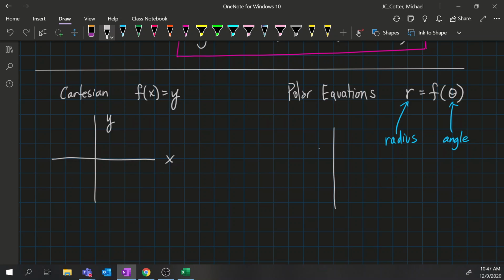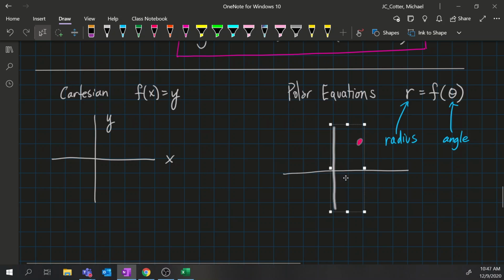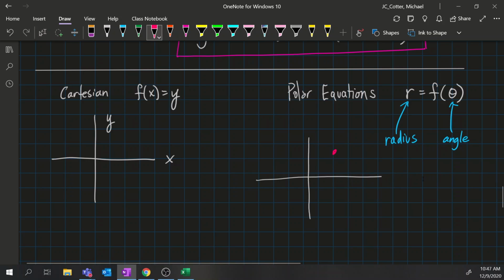And so in terms of how those are defined, let's say we have a single point here. We're not going to get into this in a whole ton of detail. I just want to make some room for this. Okay, so in terms of how this point is defined, in Cartesian coordinates, we would give that point a coordinate based on its x value, and we would give this thing a coordinate based on its y value, right?